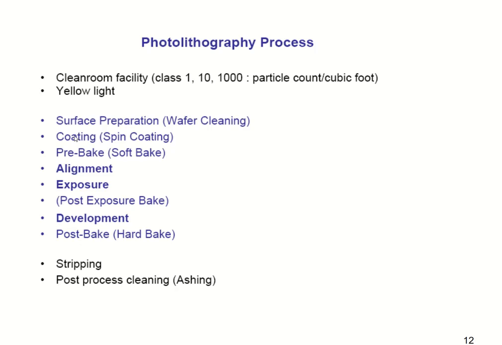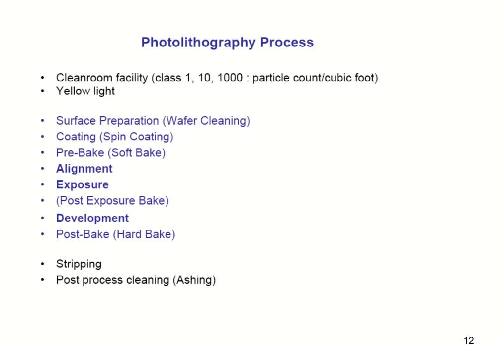After you spin the photoresist, it should be soft baked, like you bake at a certain temperature to remove solvent. Okay, solvent is not helpful during the exposure. So you need solvent to spread out the photoresist. So its role is done, and you don't need solvent anymore.